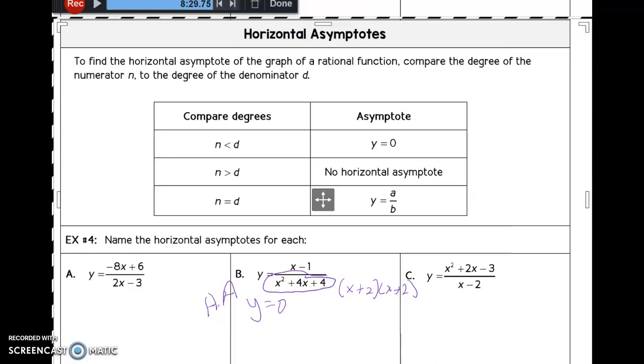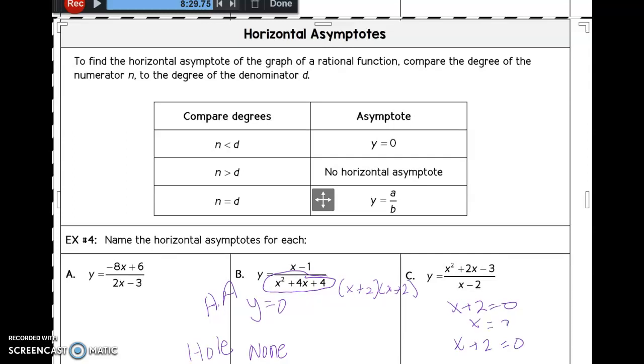Okay, nothing cancels. So hopefully you're saying, okay, well, there are no holes because nothing canceled. And now on bottom here, I see 2 pieces. I have an x plus 2 and an x plus 2. You seriously have to set that equal to 0. Both pieces, and solve.